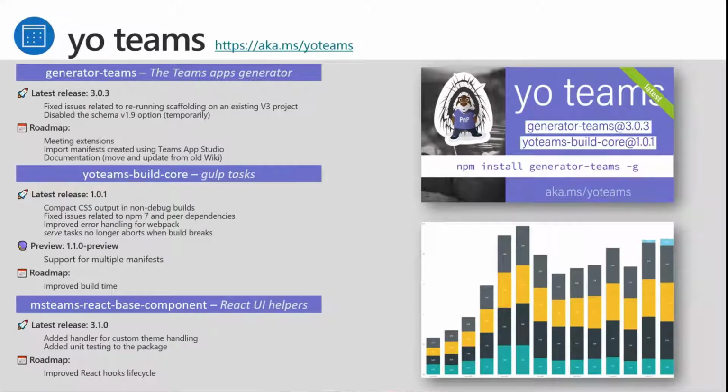And for the build tasks, we released a new preview yesterday that supports building for multiple manifests. That is not the typical scenario when you're just building or doing a test. But when you actually go into real-world deployments, you might need different kinds of packages for your test environment, staging environment, production environment, your different developers, or for multiple tenants, or using multiple app ID URIs for your SSO tabs and bots.